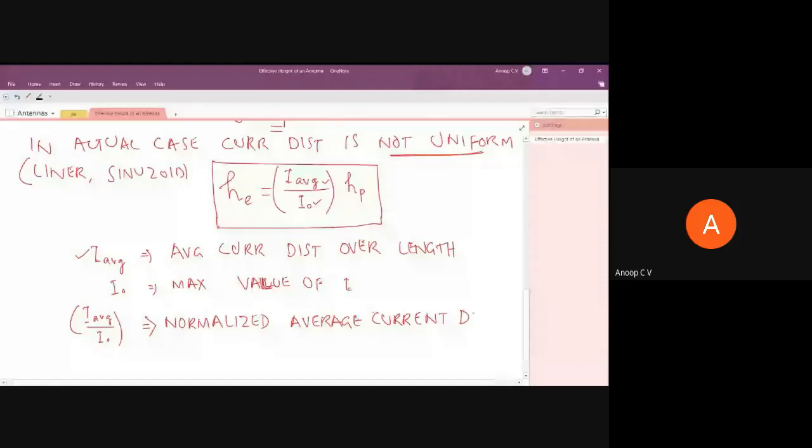So I can define it now. Physically you may not have understood, but not a problem.